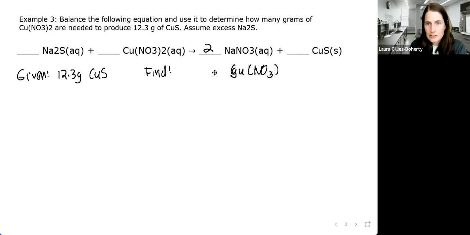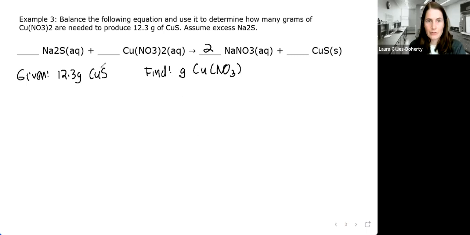We'll just rearrange this. We want to find grams of copper 2 nitrate. So we have a target, right? We have the amount of product we want to make. Like if we want to make 20 pancakes, how many eggs do we need? That's the type of problem we're doing.